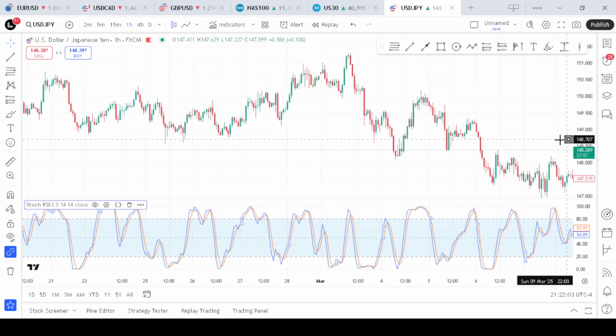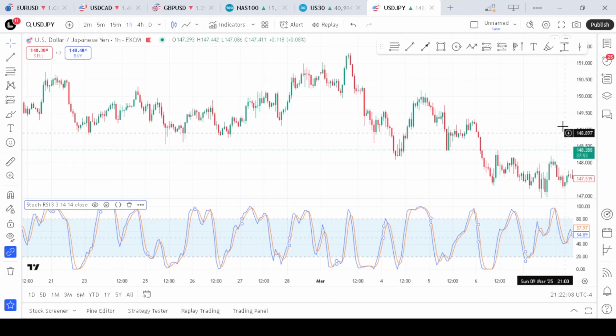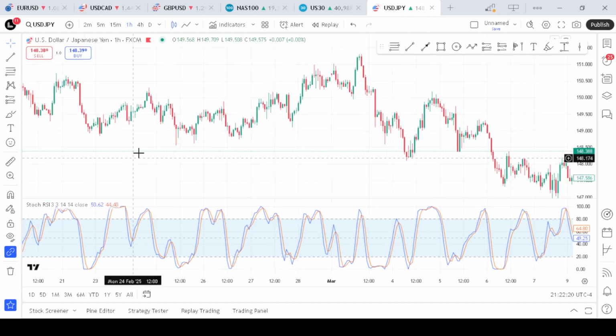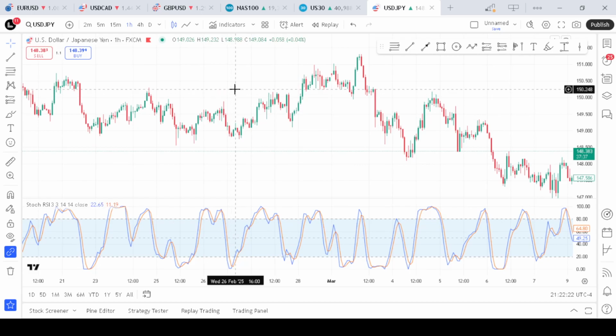This hybrid indicator combines the sensitivity of the stochastic oscillator with the momentum measuring capability of the RSI, giving you a significant edge in identifying precise entry and exit levels on the chart. Whether you are struggling to time your trades or looking to enhance your current strategy, this indicator could be the missing piece in your trading toolkit.